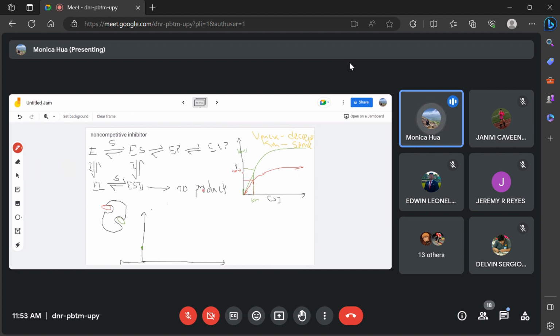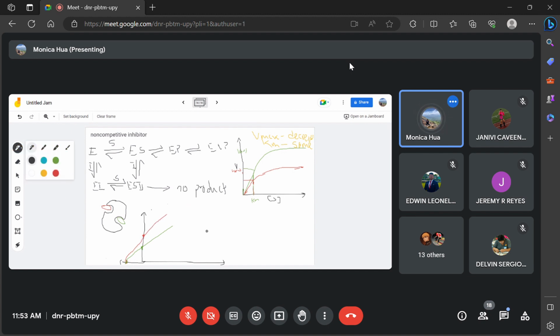With the inhibitor, you have a decrease, so this is going to go up here. Now, Km remains the same, so whether it is with or without inhibitor, it's going to be the same spot. And then you have a plot that looks like this.